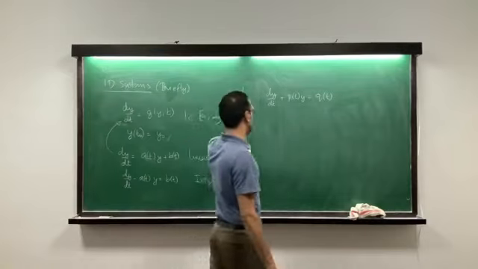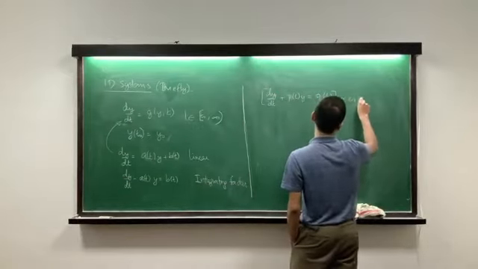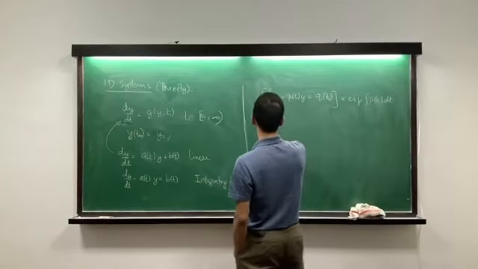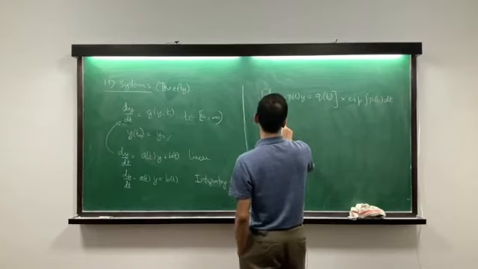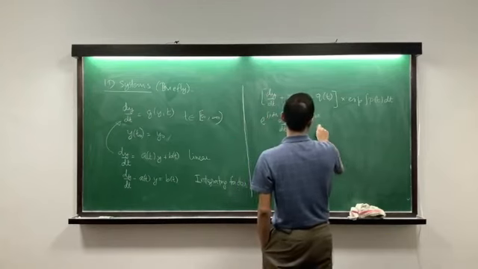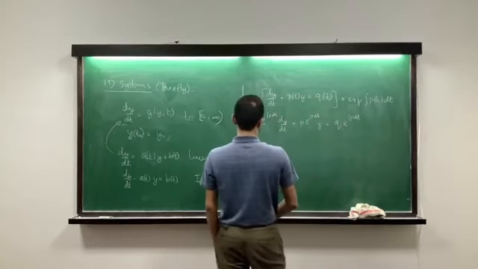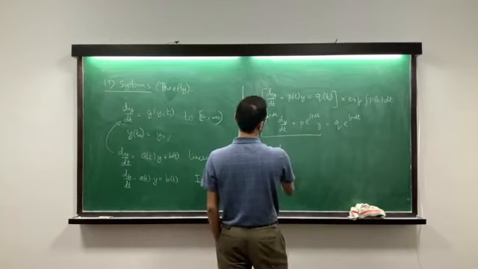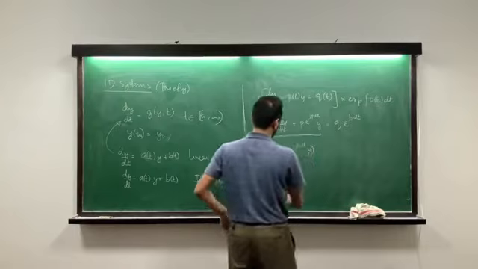Now you just multiply this by exponential of integral p of t dt. So you will get e to the power of integral p dt times dy by dt plus p e to the power integral p dt times y is q e to the power integral p dt, and you will immediately recognize that this is the same as d by dt of e to the power integral p dt times y, because you have the product rule.